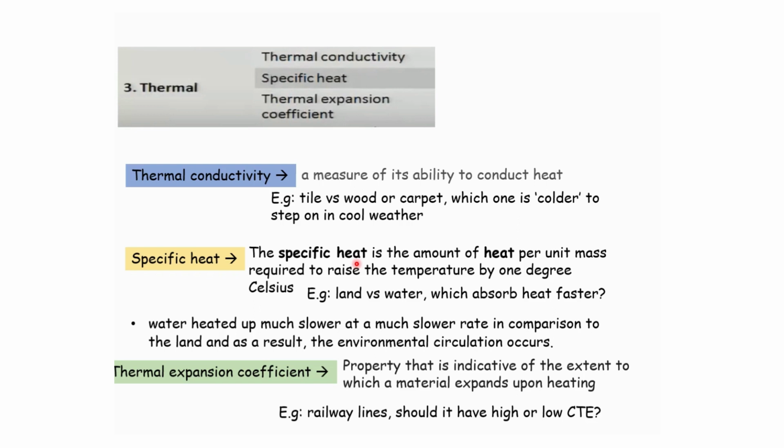For example, soft metals have a high coefficient of thermal expansion, meaning they expand a lot when heated. Hard metals like tungsten have a low coefficient of thermal expansion, meaning they expand less when heated.